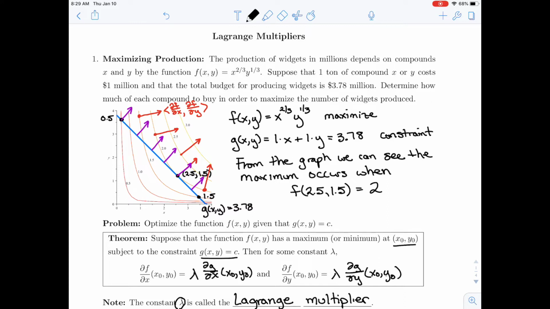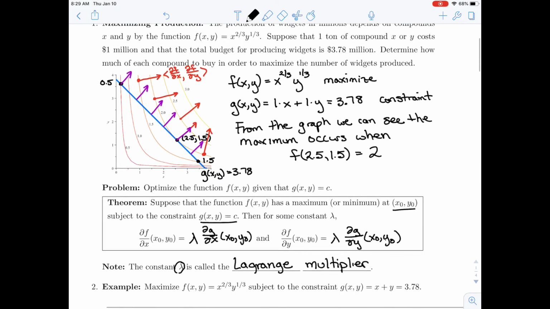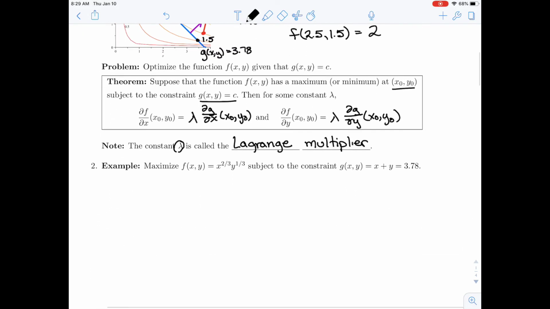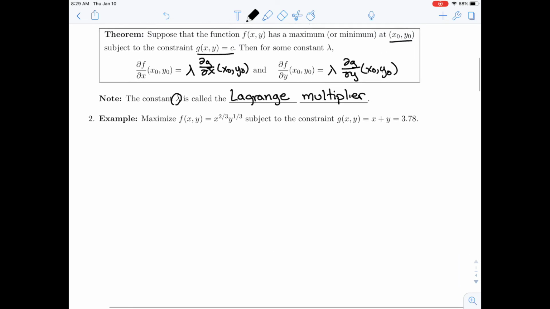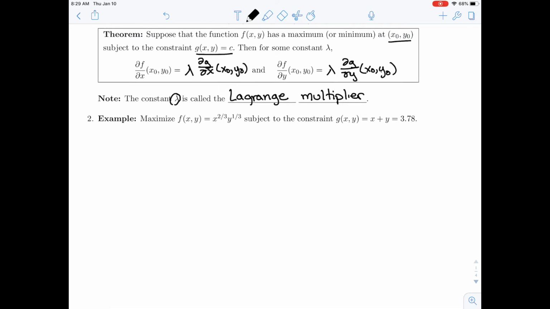Okay, so now let's use this idea to come up with the values of x and y that will maximize production. So we want to maximize the function f of x,y equals x to the 2/3, y to the 1/3. And our constraint is g of x,y equals x plus y equals 3.78.